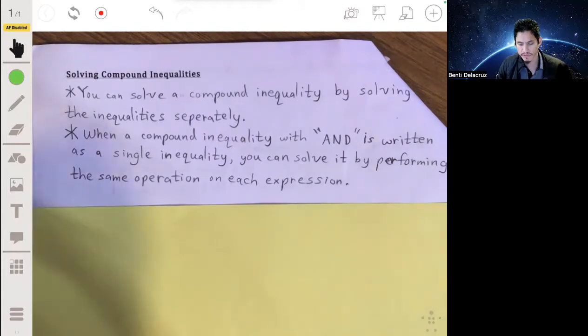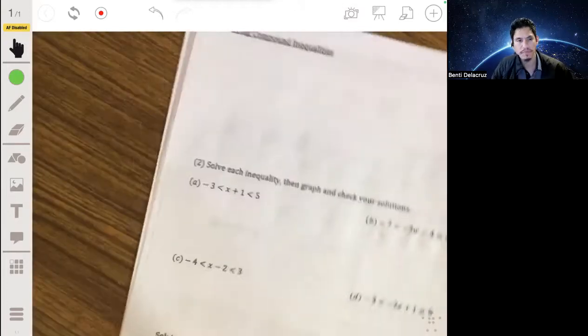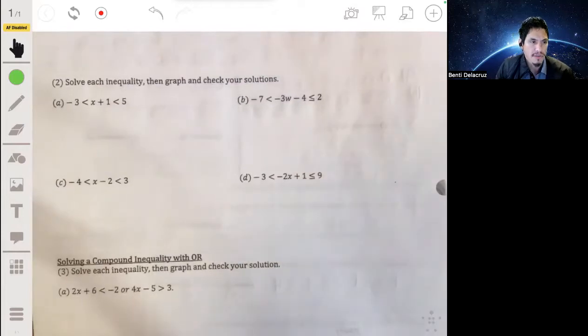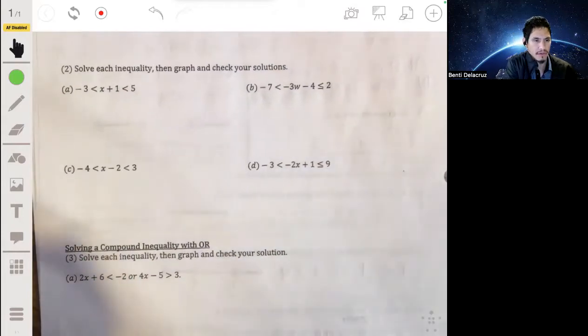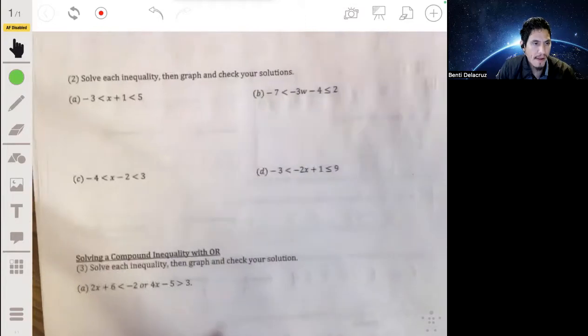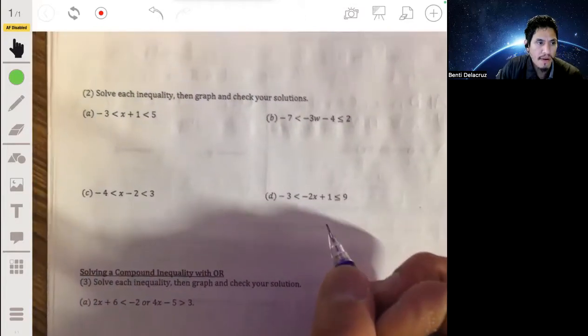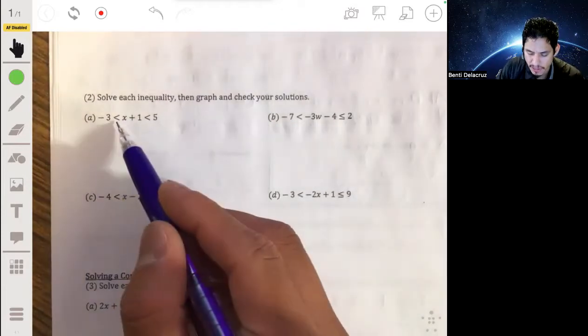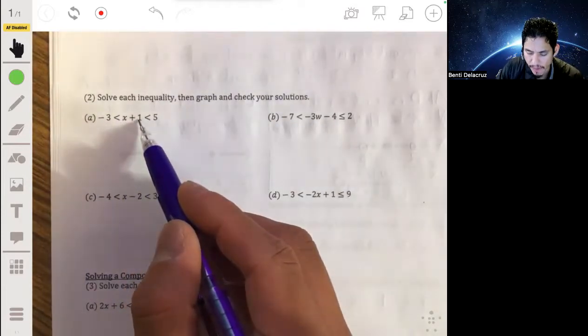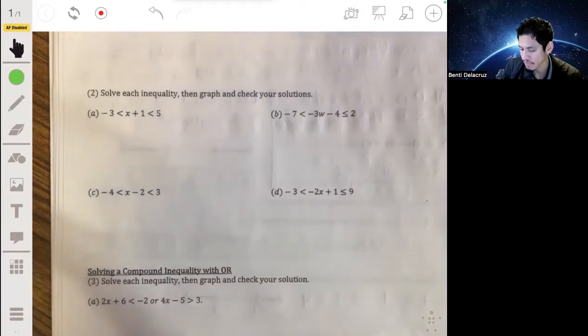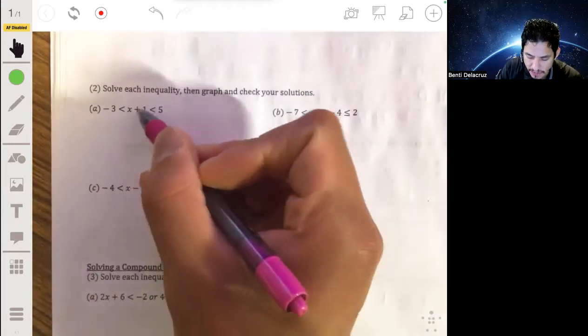So let's go through some examples because that's always the best way. All right, so we're going to solve these and then we're going to graph our solution. So here we have -3 is less than x plus 1, and that's also less than 5. So we basically want to isolate x in the middle.